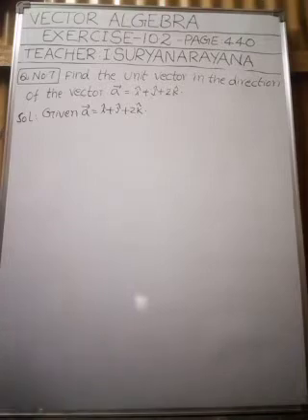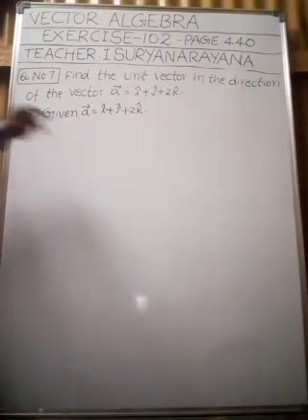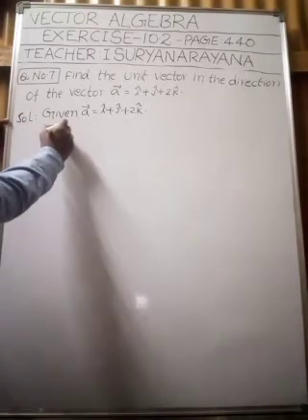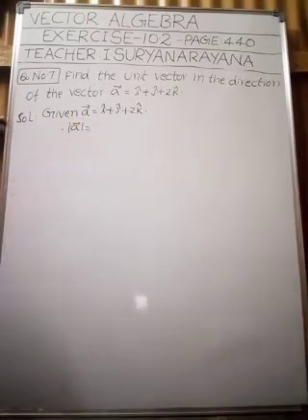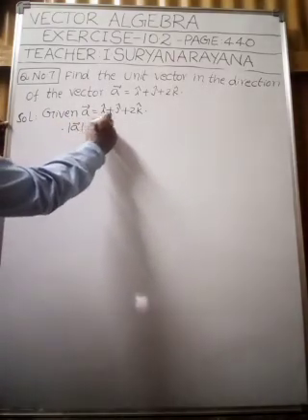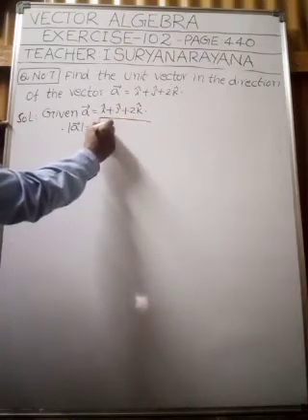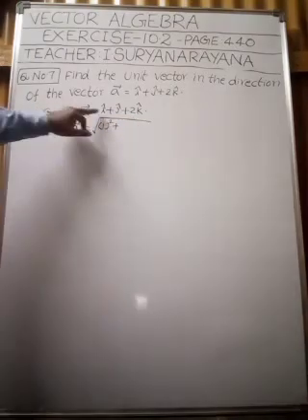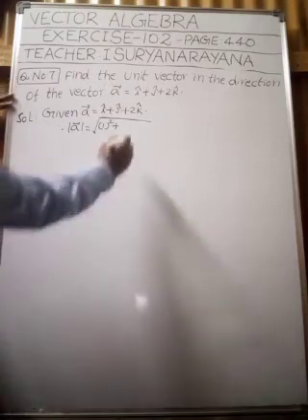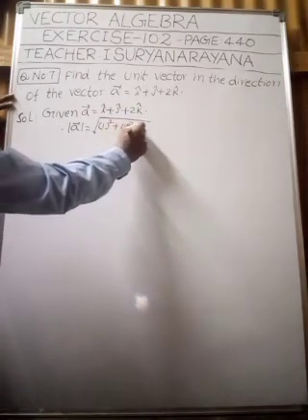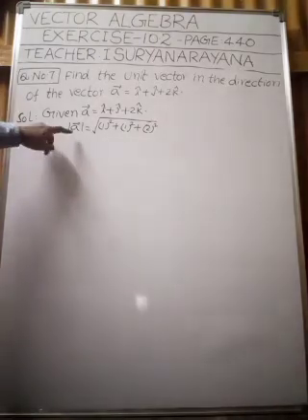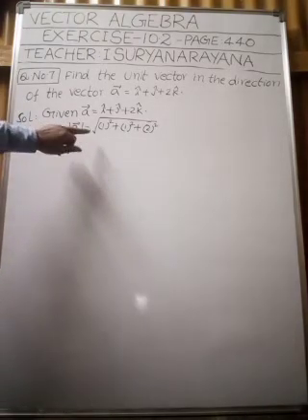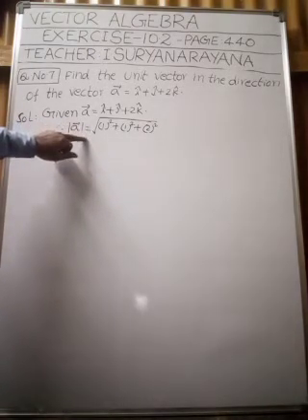Right. So we have to find first its magnitude. Therefore, modulus of a bar is equal to the square root of the i cap coefficient whole square plus the j cap coefficient whole square plus the k cap coefficient whole square. Previously, in the first question itself, we found the magnitude of a vector.